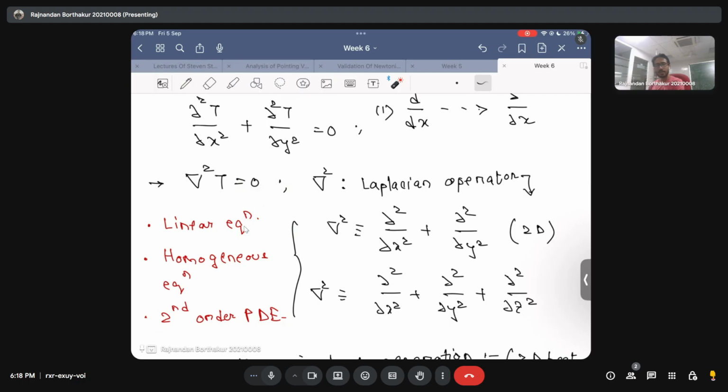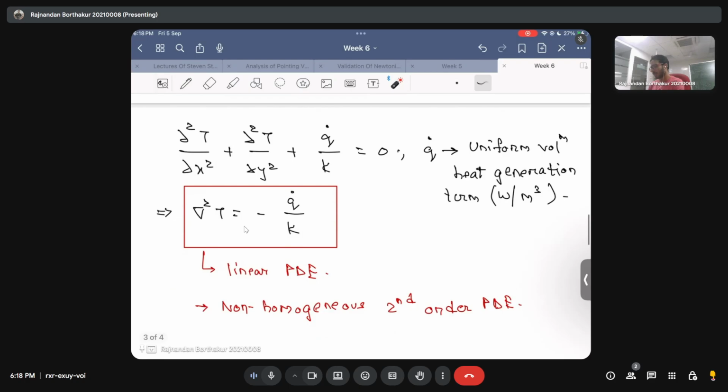So whereas the Laplace equation is a homogeneous equation, this form of equation where T equal to 0 is not a trivial solution is known as a Poisson equation. In the mathematics literature, this form of equation is known as a Poisson equation.